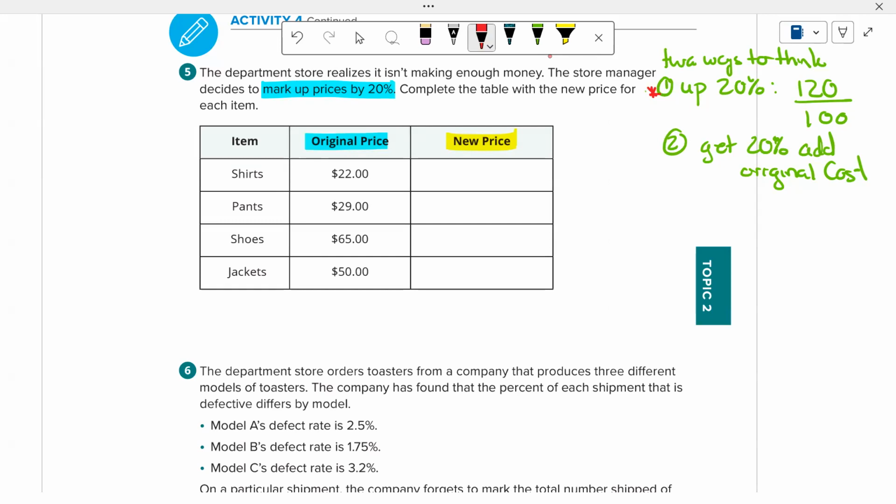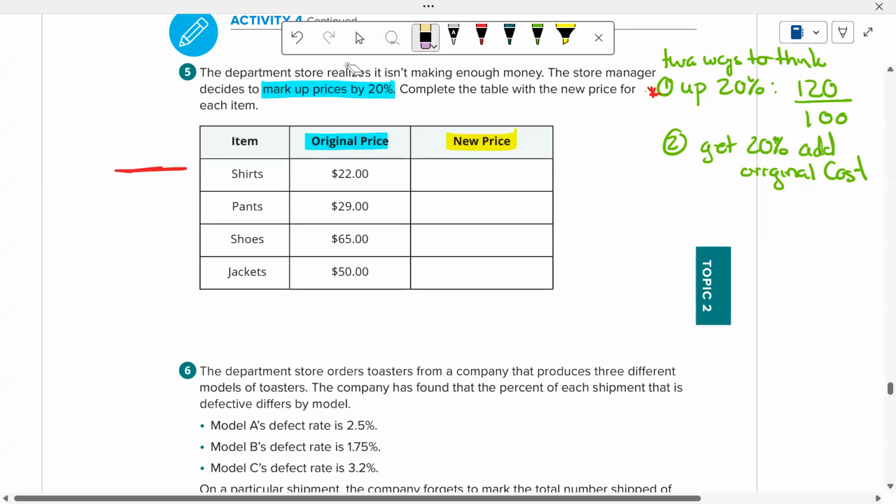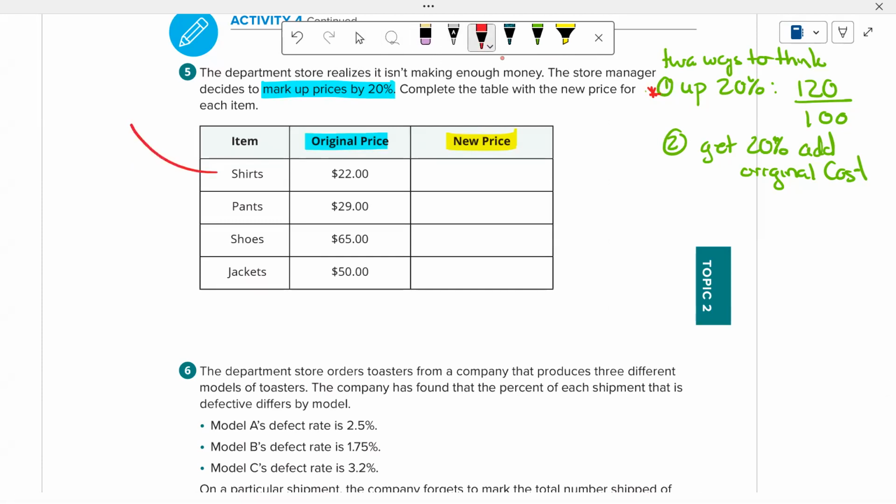So for shirts, the original price. Uh-oh. Whoa, okay. It's being weird now. Okay, come on, work for me. All right, let me do shirts here. For shirts, the original price was $22. That was the whole. I want to go up.